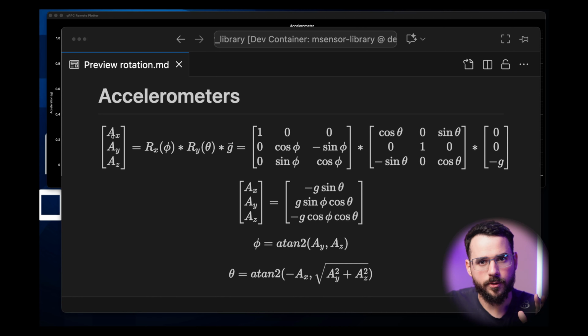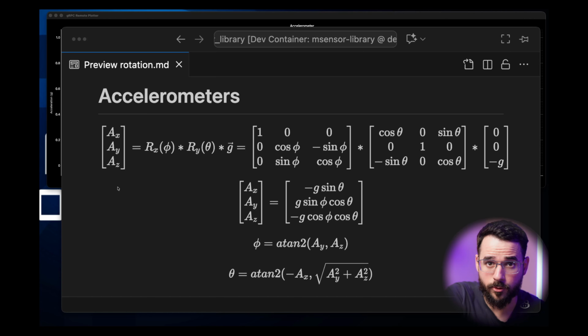Starting from the left, these are the measurements that we get directly from the accelerometer, AX, AY, and AZ. This is what the sensor actually outputs in its registers. And to the right side is the equation that has our assumption inside that all the influence that the sensor detects is due to gravity.